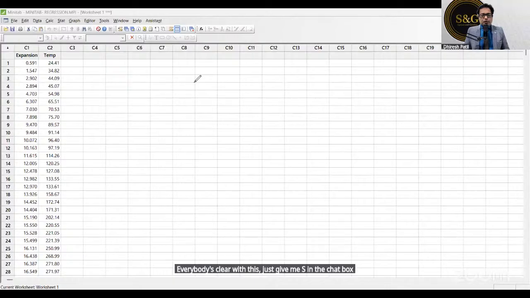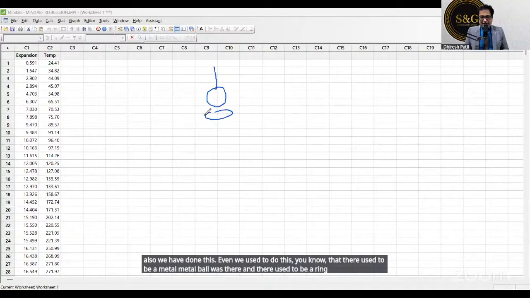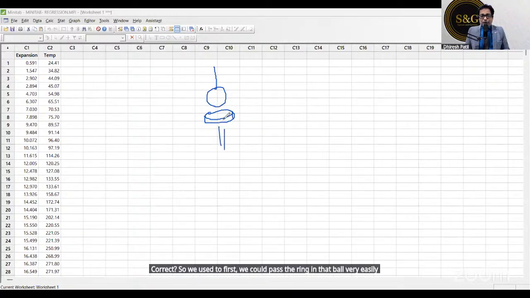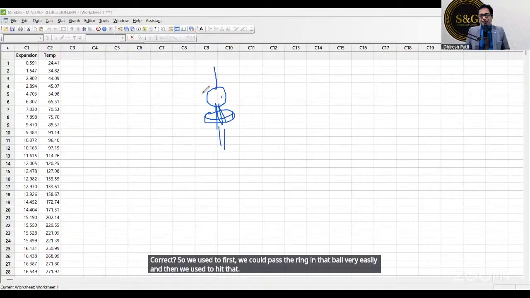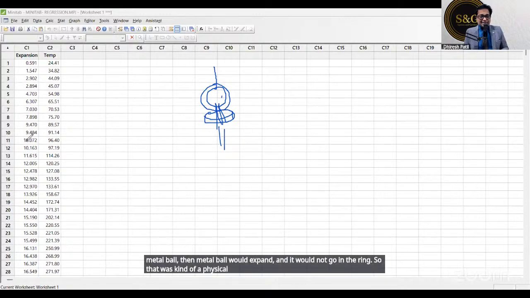And in our physics we have also done this: there used to be a metal ball and a ring. First we could pass the ball through the ring very easily, and then we would heat the metal ball, the ball would expand and it would not go through the ring. That was a kind of physics exercise we used to do.